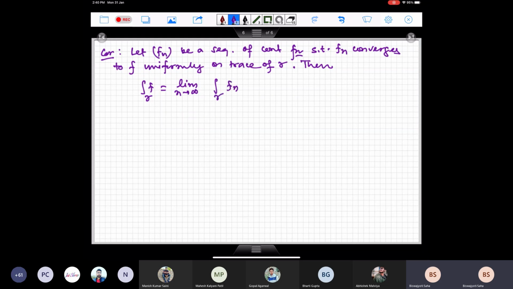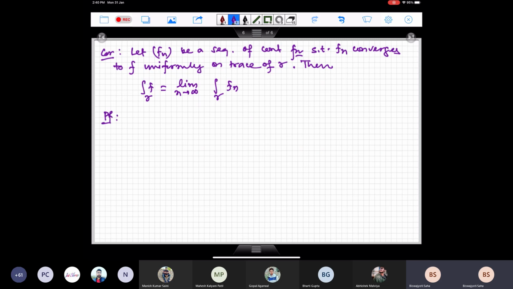So what it says is that the integral and the limit are interchangeable. When I have a sequence of uniformly convergent functions, and I consider the integral of the limiting function, that is the same as first considering the integral of each of the functions and then taking the limit. Okay, so how do I prove this?